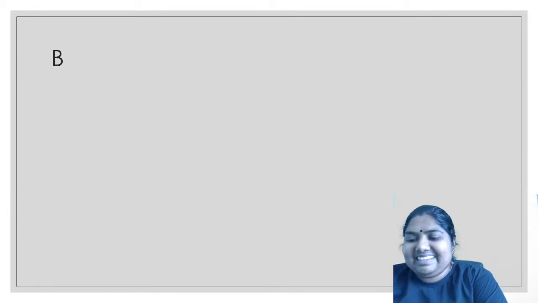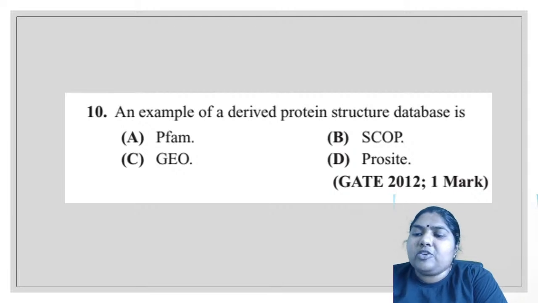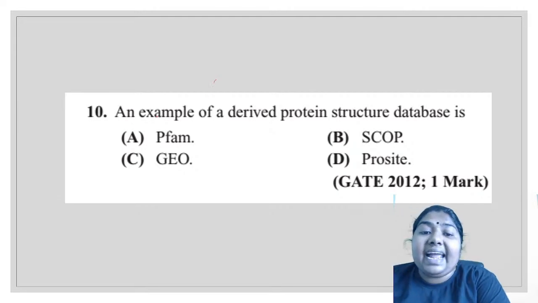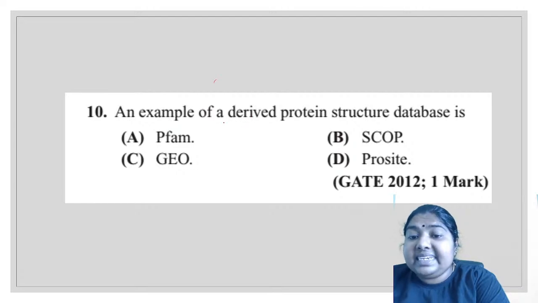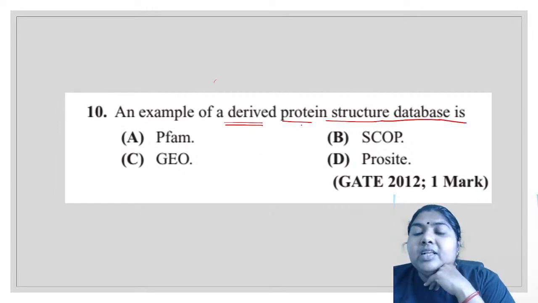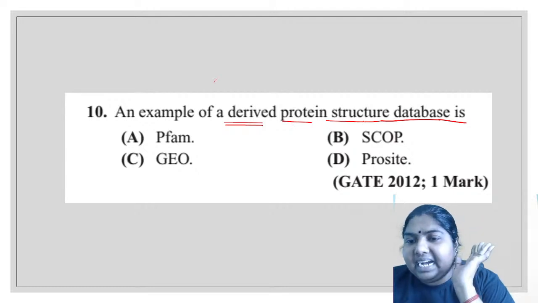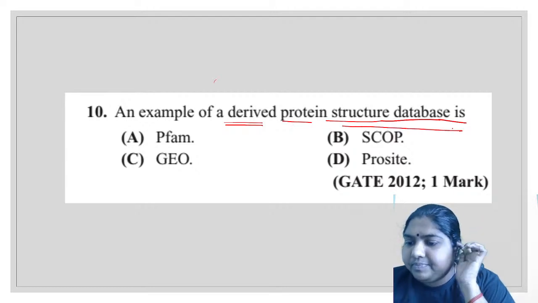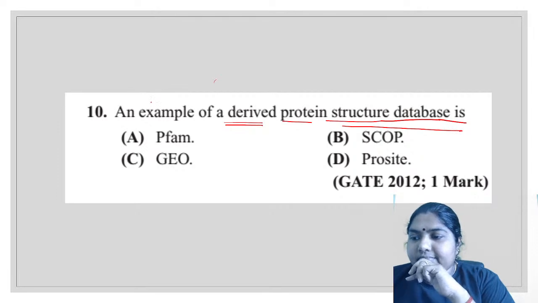Okay, so let's see a few GATE questions. This might be simple for you, but we'll still have a look for revision. An example of a derived protein structure database is... come on everybody.